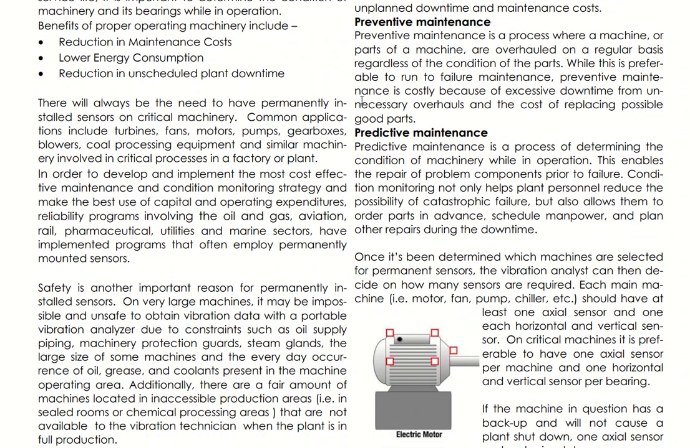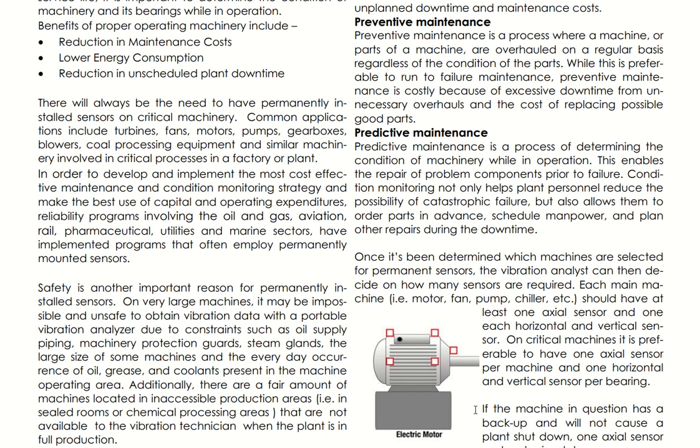Whether you use the permanent installation or the temporary installation, this is a general practice which the people who mount the sensors follow, that your equipment should have at least one axial sensor.